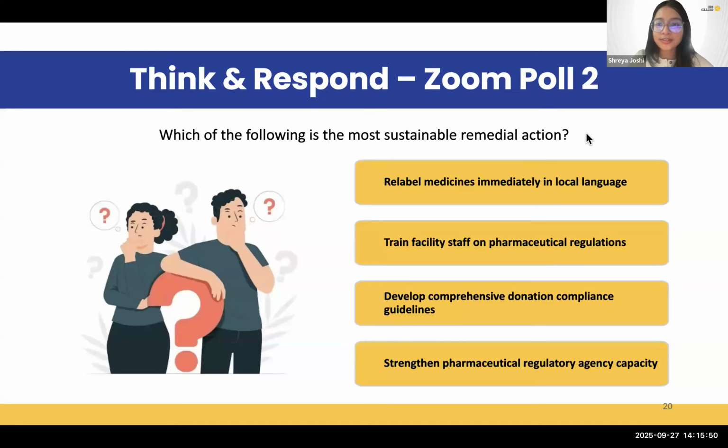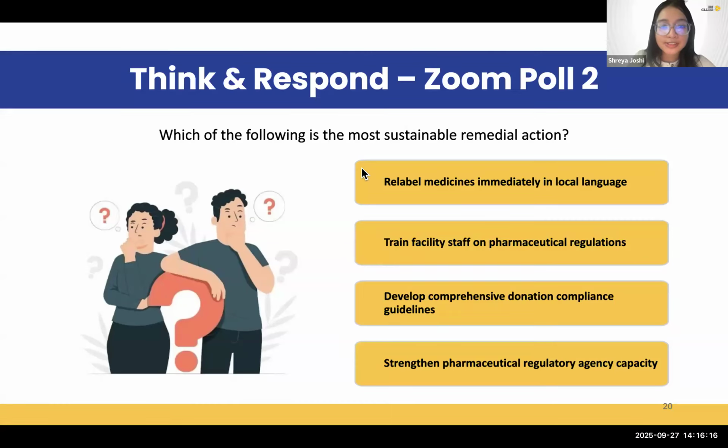So now we'll have a quick round of the next poll, and I will launch it on your screen. Now you must see the next question. Which of the following is the most suitable remedial action according to you? Is it to relabel medicines immediately in local languages?